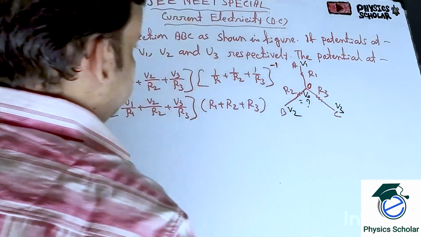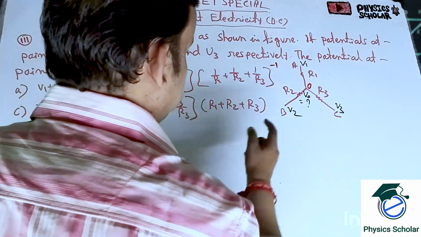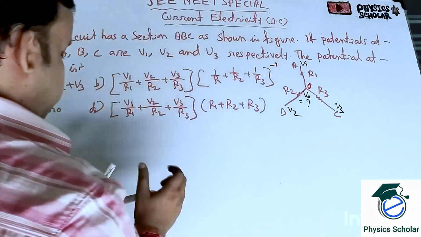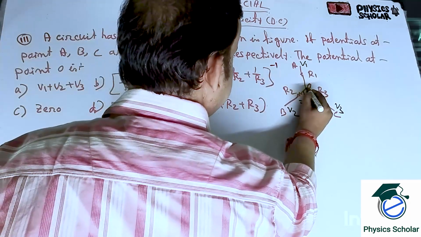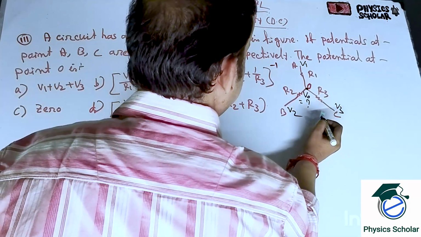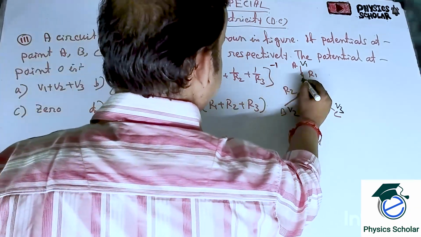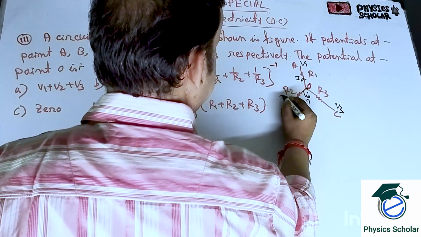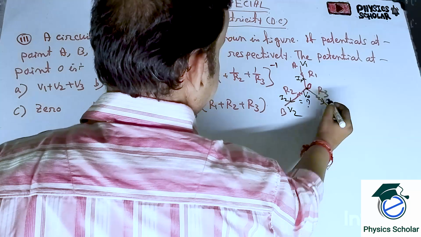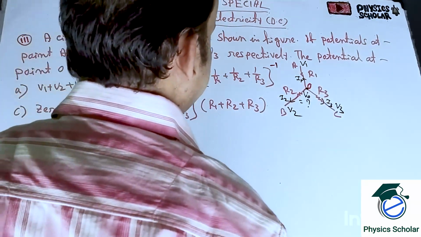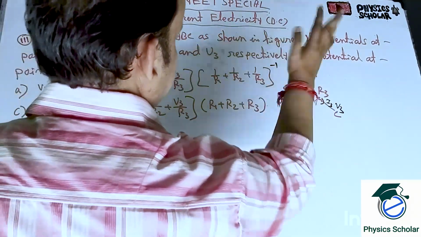Now we have to find it. This is the point where I1, I2 and I3 are going out.